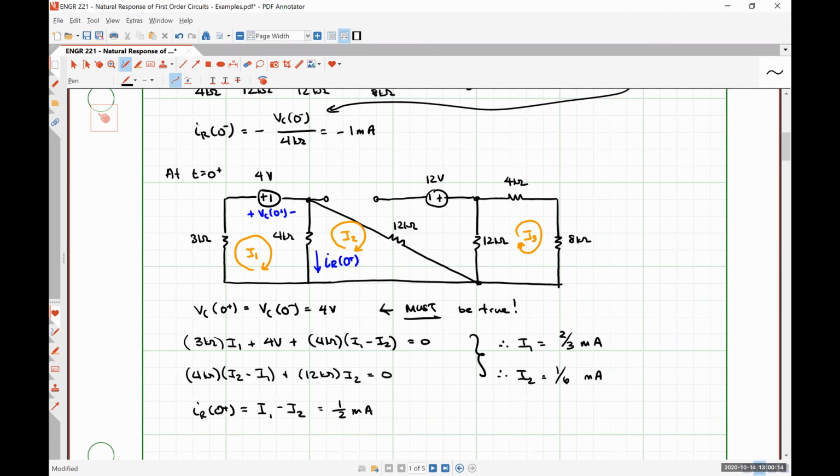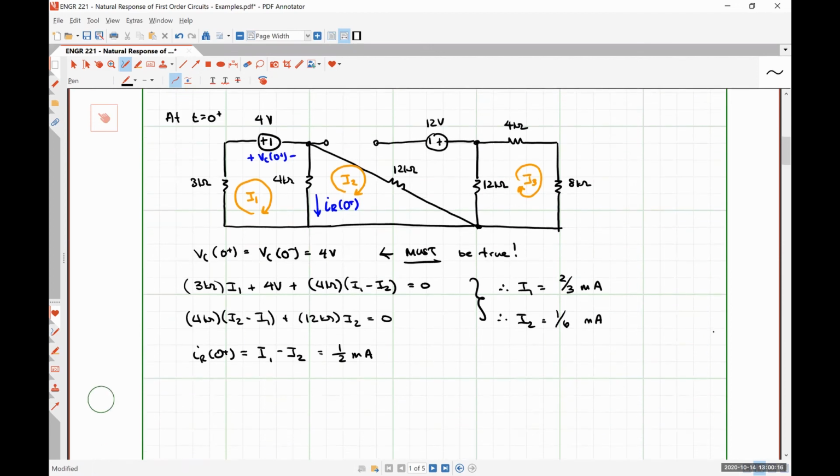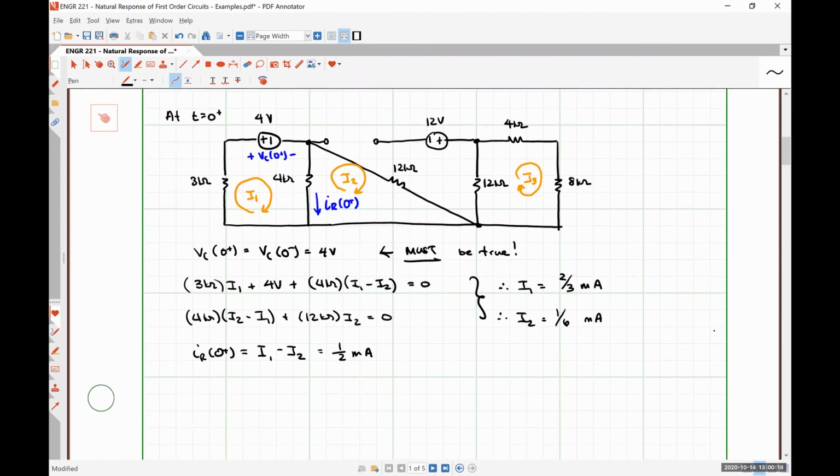All right, our third step is to determine the time constant for our RC circuit. And so what we're going to do there is we're going to be looking at the circuit during the transient condition, meaning at t equal to 0 plus or later in time. And we are going to be trying to find the equivalent resistance, because in this case, there's only one capacitor, so finding that part should be pretty straightforward, right?